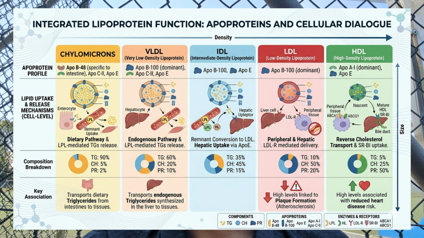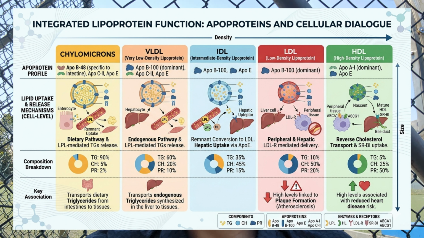For the endogenous method, which doesn't involve the chylomicrons, the liver is responsible for producing the VLDLs, which are molecules high in triacylglycerols, whereas their cholesterol content is comparatively lower.